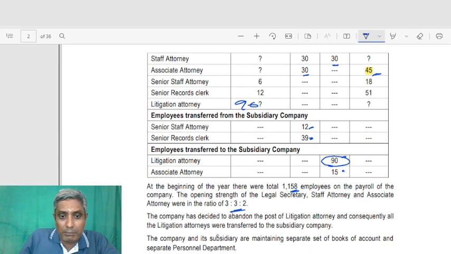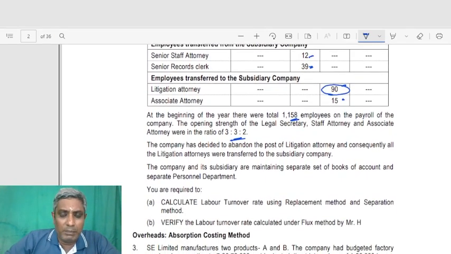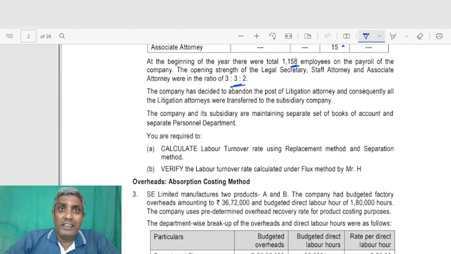Now the company and its subsidiary are maintaining separate sets of books of account and separate personnel departments. Now you have to calculate the labor turnover using the replacement method and separation method. We have just now discussed the replacement method and separation method. In all labor turnover questions, we have to find out the average number of employees, is it not?